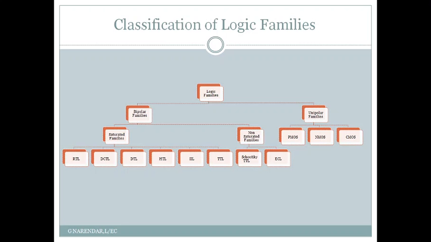That means when you interconnect circuits from the same family, there will not be any compatibility issues in voltage and current requirements. But if you want to interface circuits from one family to circuits of another family, there may be compatibility issues, and those will be solved by using some techniques.